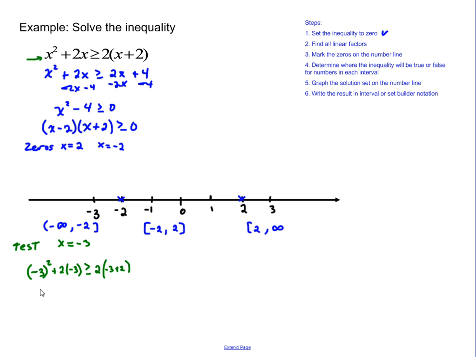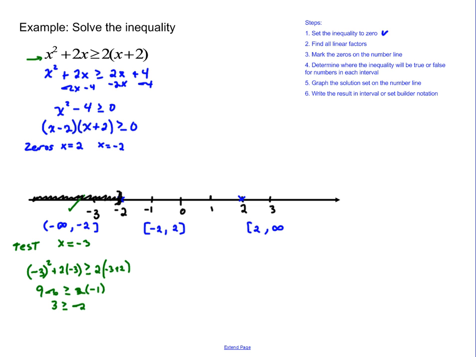Well, in this case, 9 minus 6 should be greater than or equal to 2 times negative 1. And yeah, sure, that's true, right? Because 3 is greater than or equal to negative 2. So this is in our solution set. So right now, we could actually shade in over the number line part of our solution set. All of these numbers to the left of negative 2 would be in the solution set.